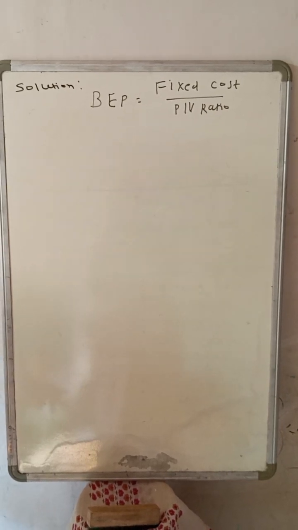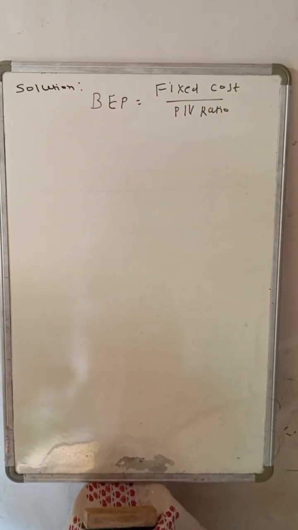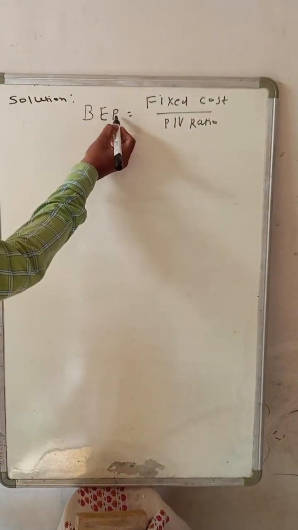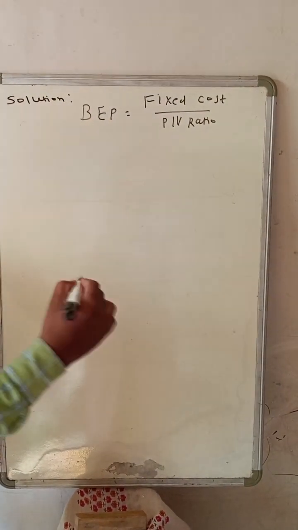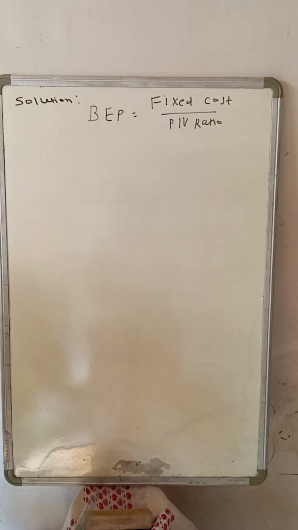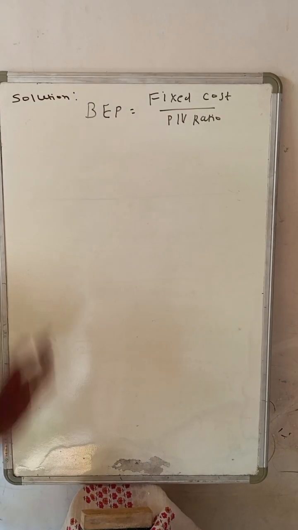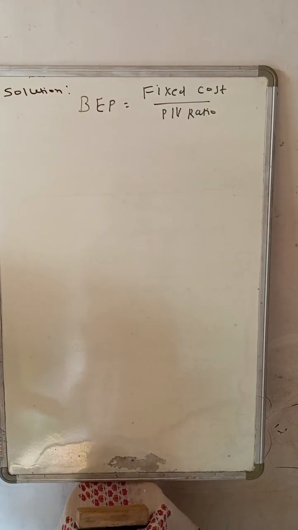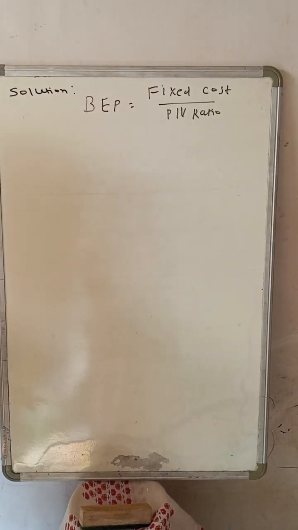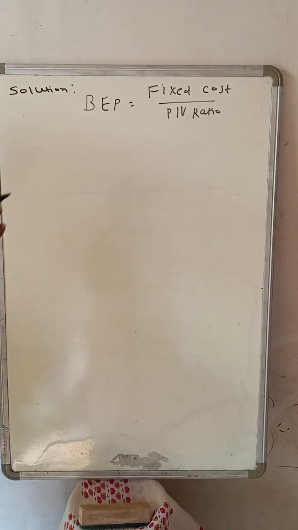BEP denotes break even point. In this problem, no bifurcation is given, then the fixed cost should be calculated as follows.